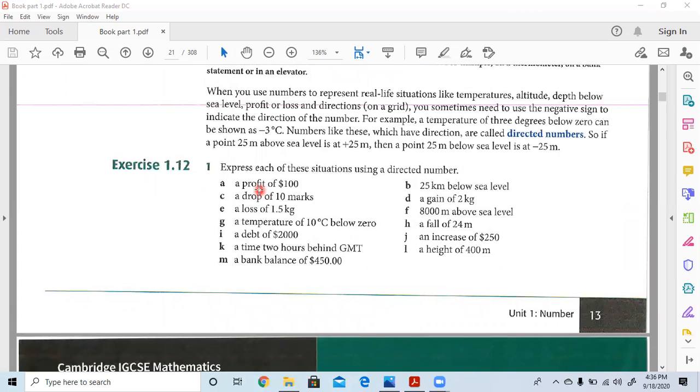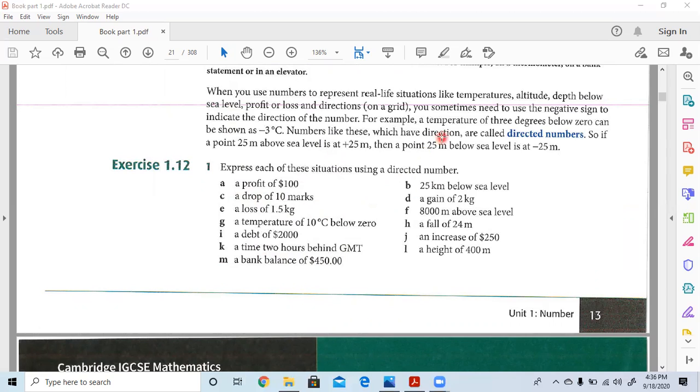So here we have 1.2. Now express each of these situations using a directed number. So what we will do here: a profit of $100. He says profit, so is it positive or negative?